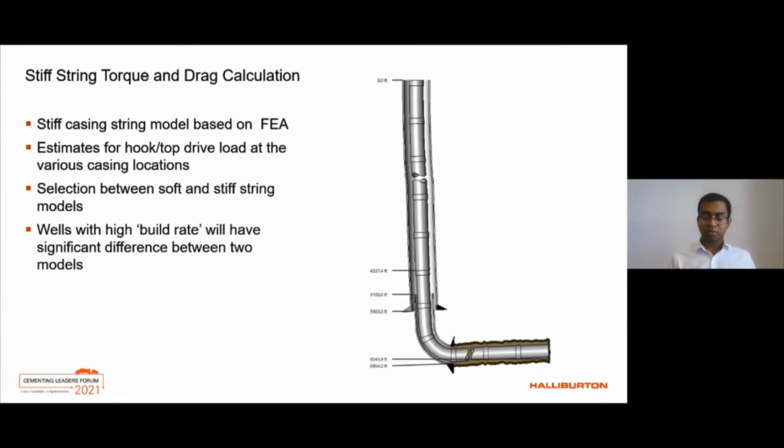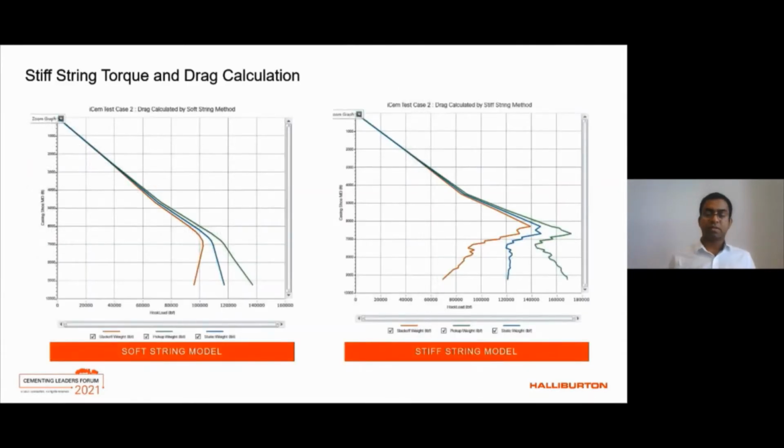And one note for anyone who is using stiff string models and comparing them to soft string models: for wells with high build rate or rapid change in the well profile, especially the deviation, you would see a difference between soft string and stiff string estimation of any forces that you're calculating. And I'll show you that with the charts that are generated for the case that I'm showing here.